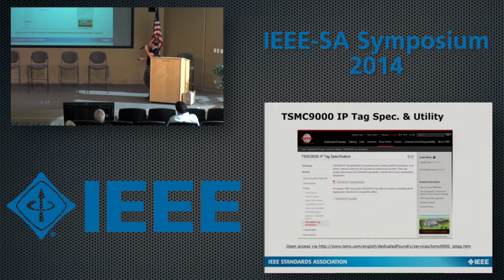On standardization, last year we took that IP tag specification and published it on tsmc.com. Essentially now any IP vendor, whether they are part of the TSMC IP Alliance or not, can take this tag and specification and include it in their IP. So that if it happens to be used by one of our customers, we can track that over its lifetime.